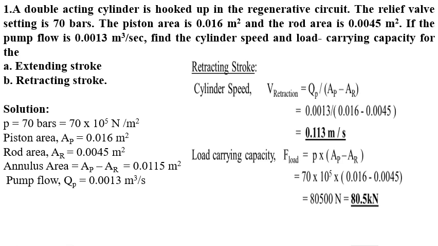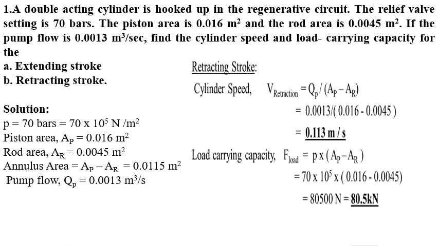And load carrying capacity during retraction, F load or F retraction equal to pressure into annulus area, that is AP minus AR. Pressure is 70 into 10 to the power of 5 into annulus area AP minus AR, 0.016 minus 0.0045.